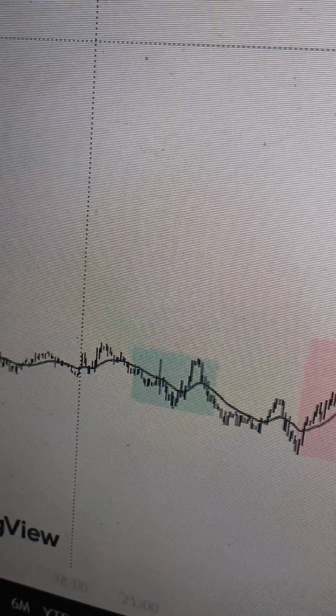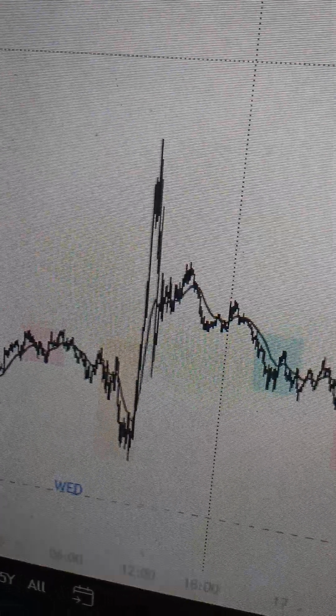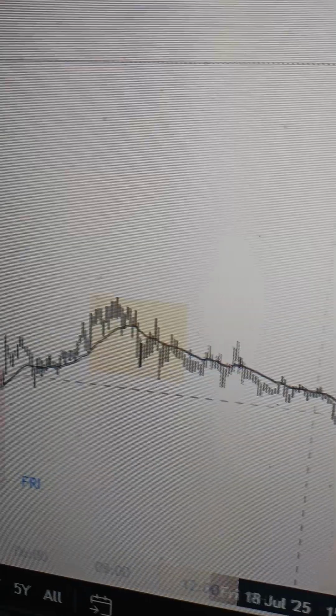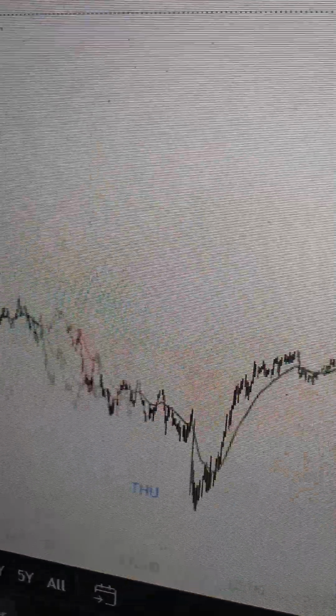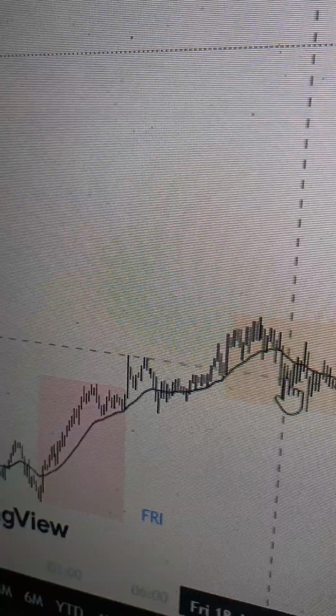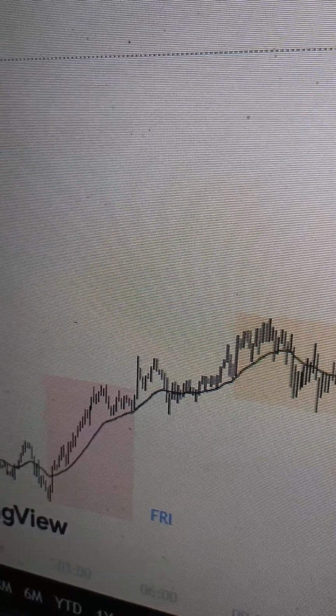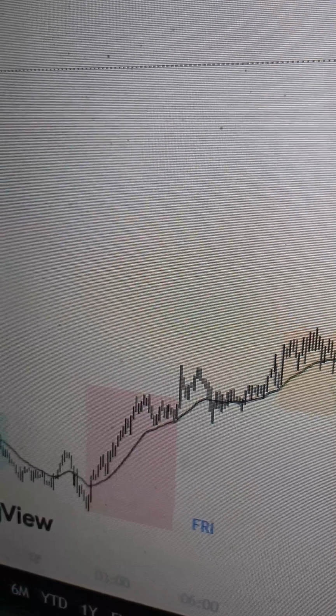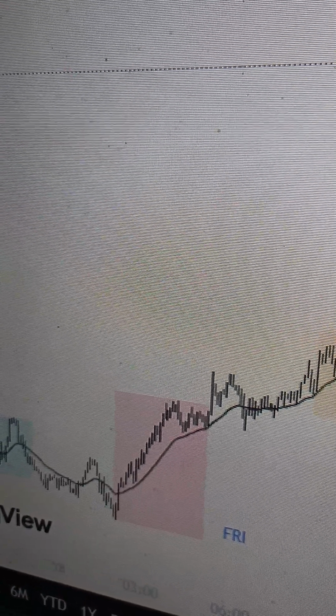So you see, like this one. We just want a retest of the 20 when we are retesting the SNL.